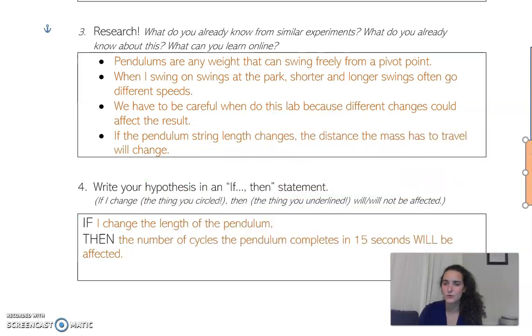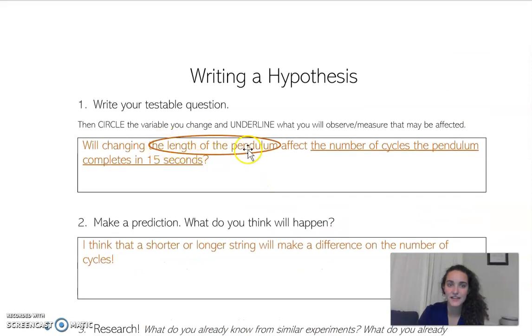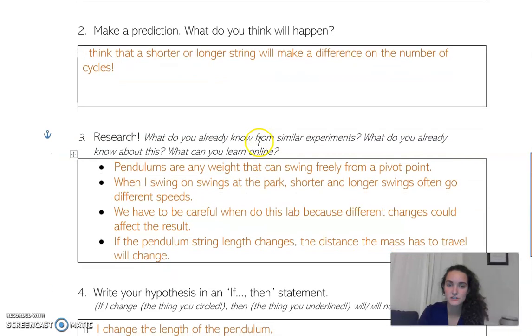So if that's true, we're going to write our hypothesis in an if-then statement. If, and we're going to say the thing that we change. So let's think back to what we circled from our question. If the length of the pendulum changes.